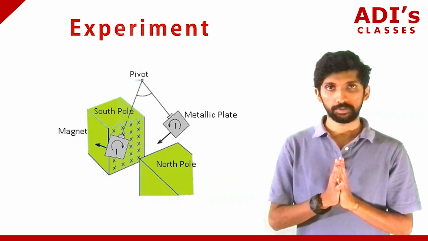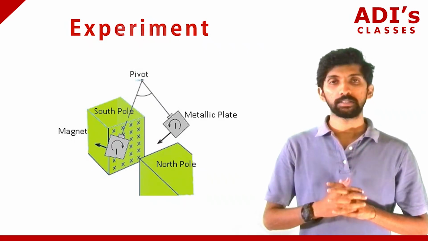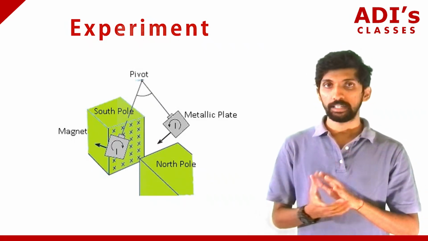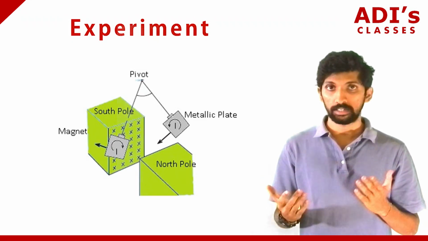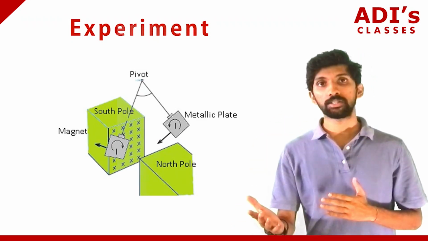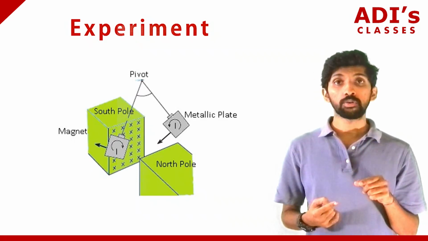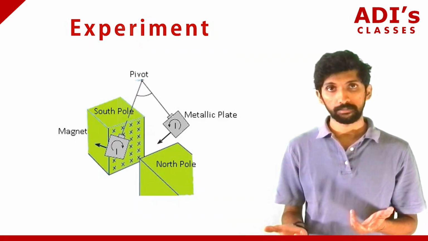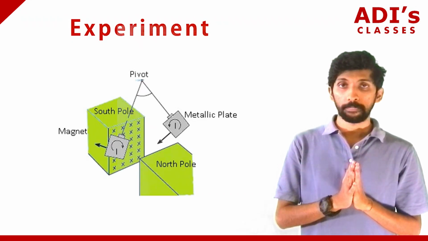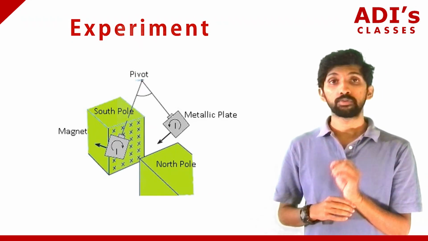So this is how it moves. Now what happens is there is a change in magnetic field, correct? And there is a conductor in the changing magnetic field. So there should be a closed loop of current. That's basically eddy current. Now what happens if there is too much eddy current?